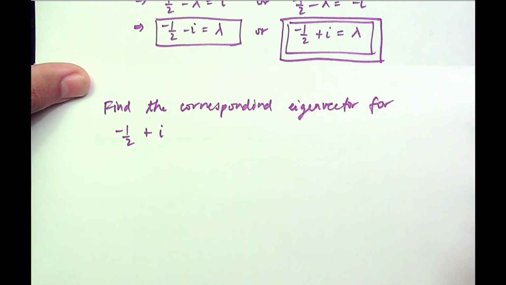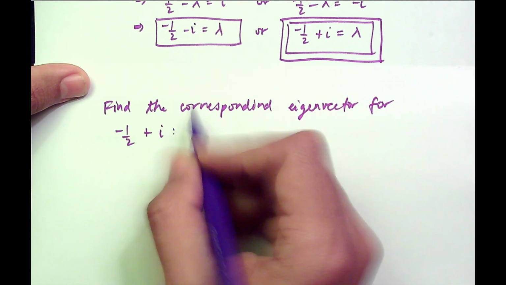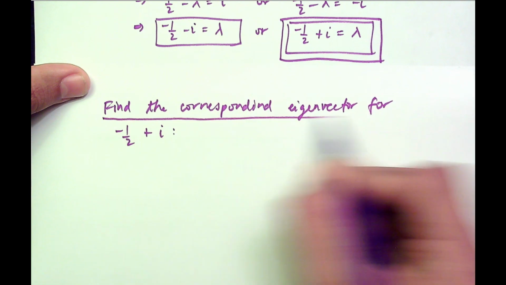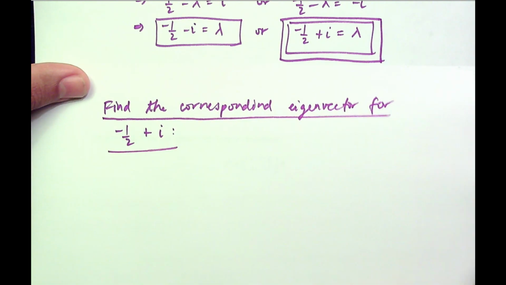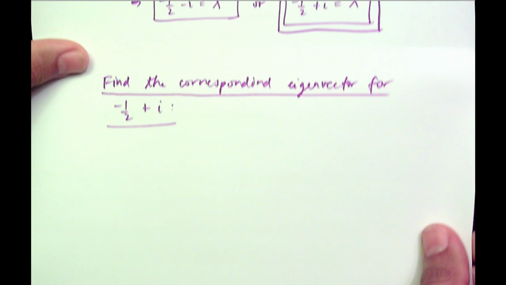That's our eigenvalue, we're going to choose that one. Let's find the corresponding eigenvector for that.